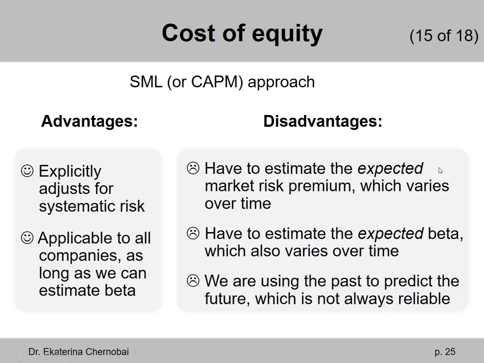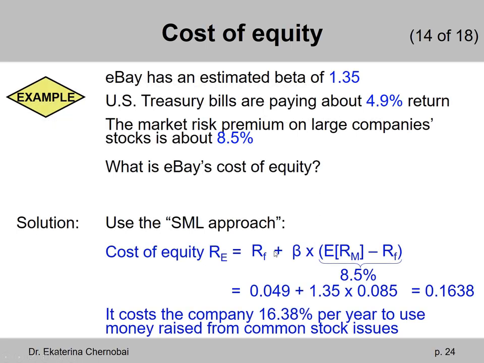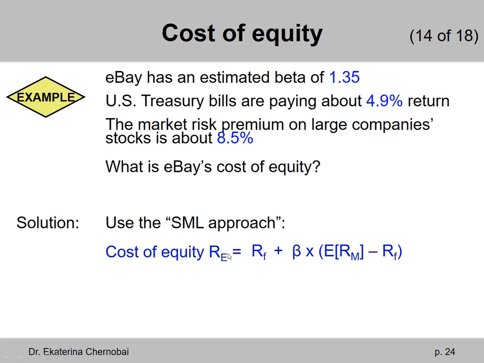Disadvantages. All the disadvantages, all three, have to do with the idea that everything that the CAPM formula contains has to do with the future. So expected return on the treasury bills, expected beta. Things are changing over time.